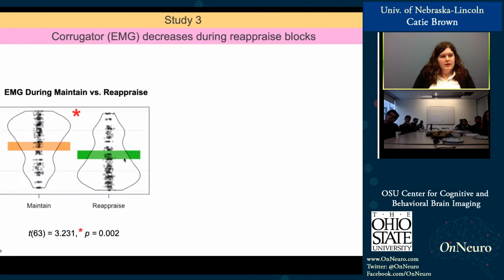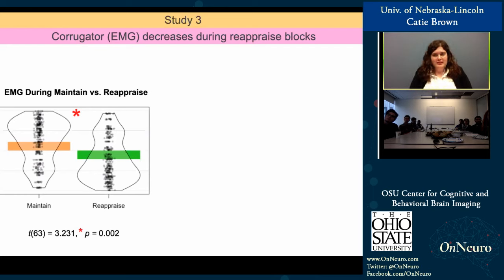These are the EMG averages, or actually Z-scores. So this is exactly the same as it would be with a bar graph, but it's just zoomed out so much because these plots are capturing every single individual average. So here it is 0. And with EMG, we saw reduced activation during reappraise blocks.